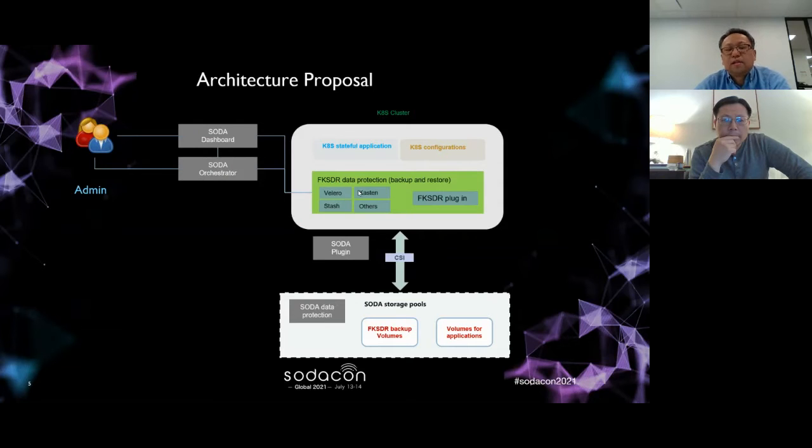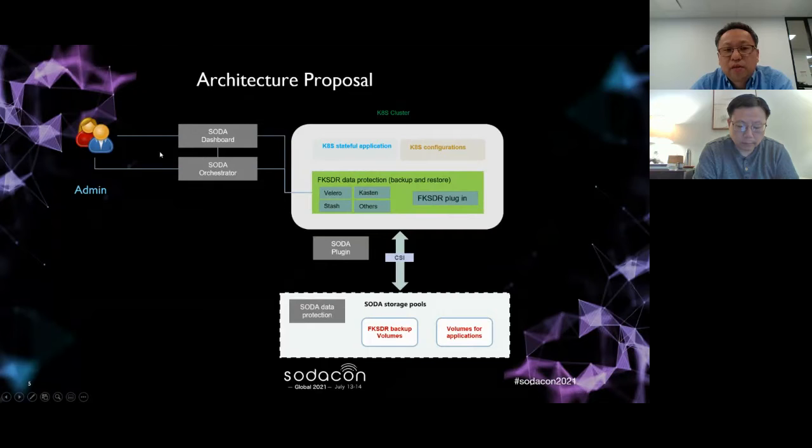Here are the details about the FKSDR architecture. We want to implement this feature inside of the SODA framework. As you can see, the admin can use the SODA dashboard and SODA orchestrator to control the stateful application data protection inside of the Kubernetes cluster.